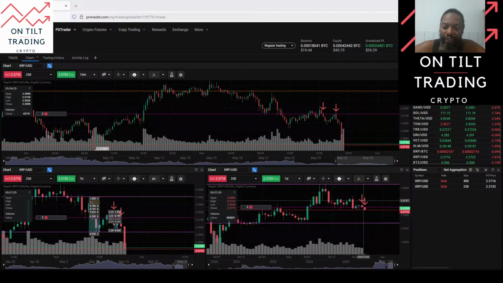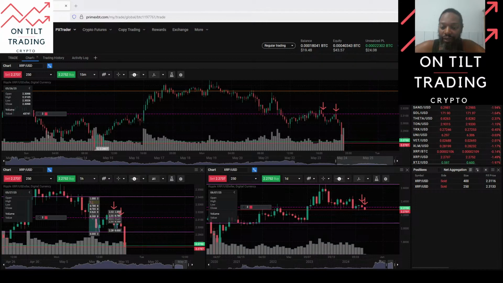So on a breakout long, I would be looking for a long to target liquidity in this area here. This is the Friday candle. I'd be looking to target the liquidity of this Friday candle, so there would be buy side liquidity up here that I would look to target.